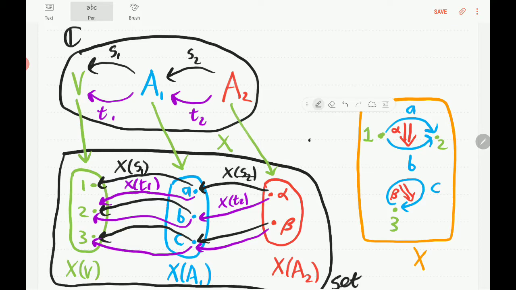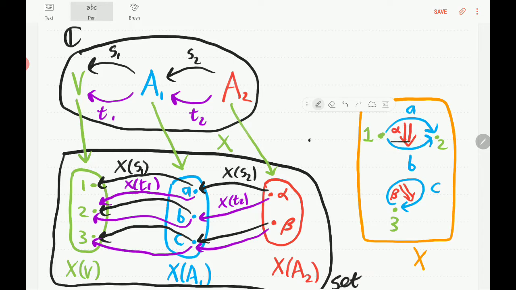And then X of S2 tells us which one arc a given two arc exudes from. X of T2 tells us which one arc a given two arc points to.